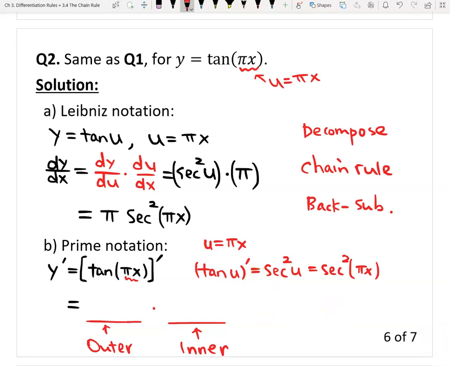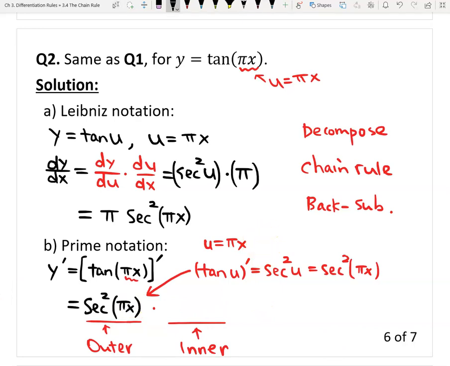Can you see this is the derivative of the outer? All we need is to plug in these results, as the first time we did. So all we get is secant squared at pi x. We already found the first part. What is the second part? We still follow the rule.